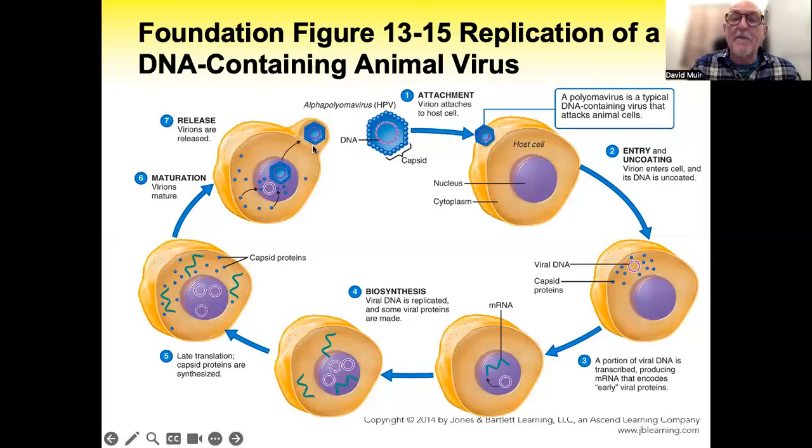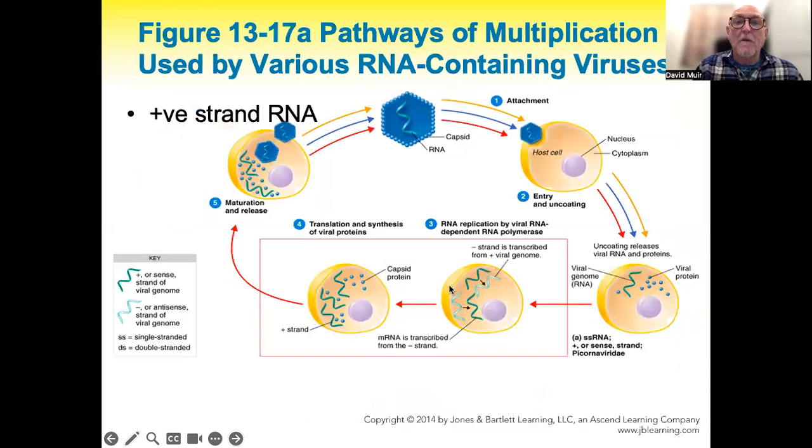Once that has happened, the virus leaves the cell by one means or another, either by being budded out or else by lysis of the cell. So that is replication of the DNA virus in animals.